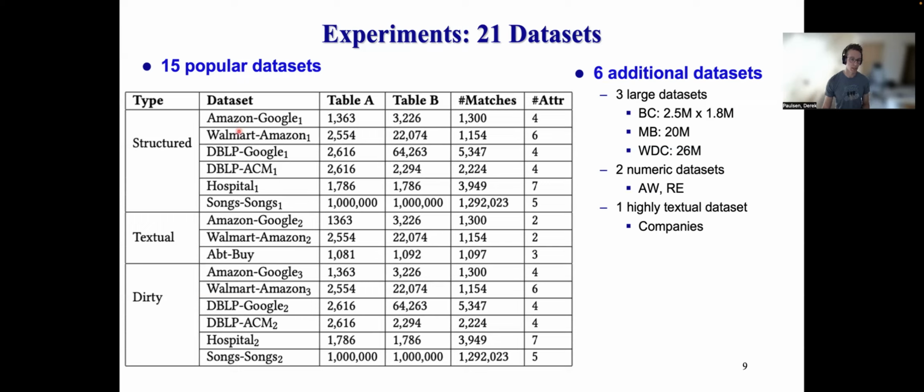These data sets cover a wide range of domains and range from a couple thousand all the way up to 1 million. We also have 3 large scaling data sets that go up to 26 million, and then 2 numeric and 1 highly textual data set that we ran to evaluate how Sparkly would behave on such data.